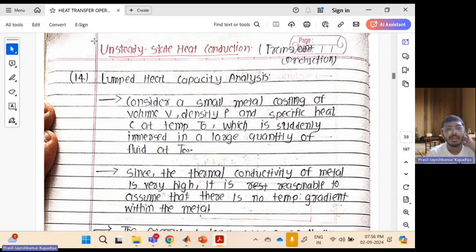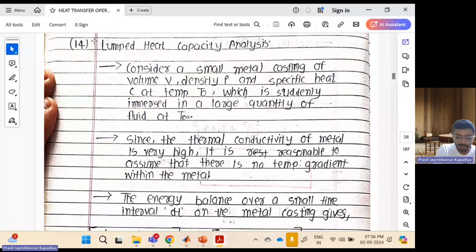So see, lumped heat capacity analysis. What is there in this analysis? Consider a small metal casting of volume V, density rho, and specific heat C at temperature T naught, which is suddenly immersed in a large quantity of fluid at T equal to T infinity. Since the thermal conductivity of the metal is very high, it is reasonable to assume that there is no temperature gradient within the metal.